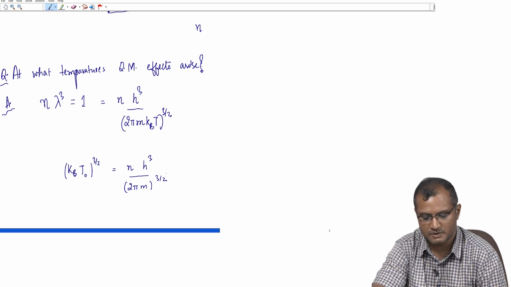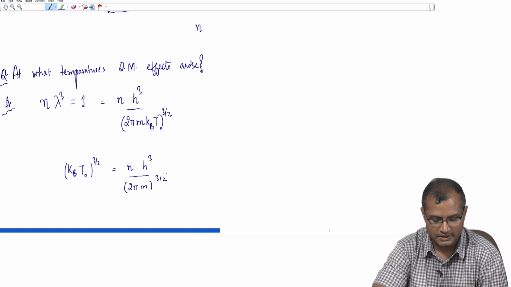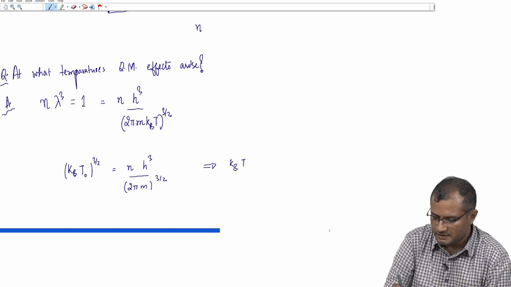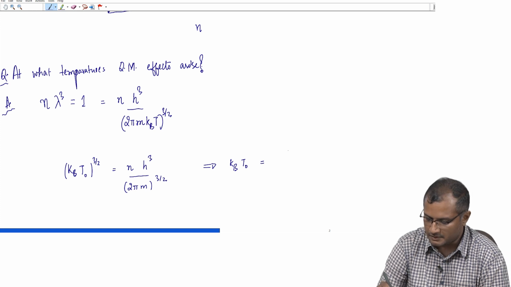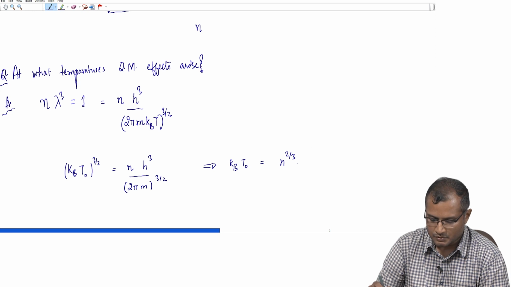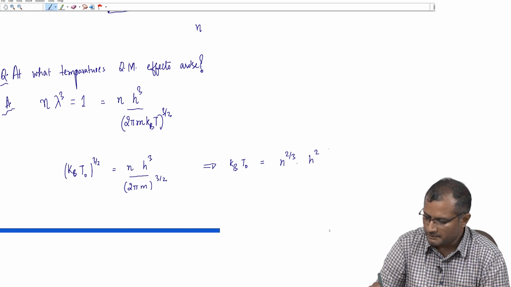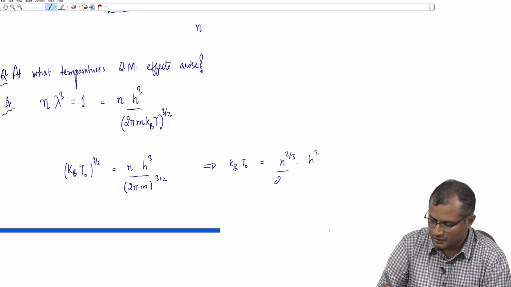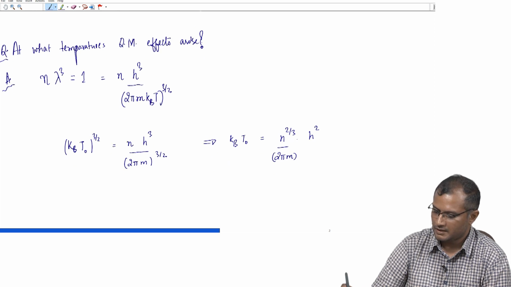Just multiplied both sides with kT to the power 3 half, and this gives me kT as nothing but n to the power 2 by 3 into h square over 2 pi m, okay.